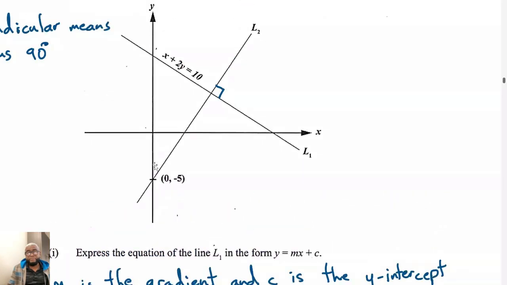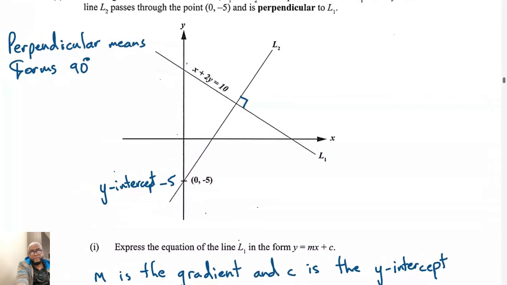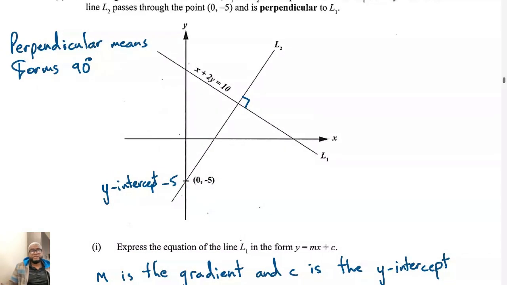Your y-intercept is simply where your line is cutting through the y-axis. So for line 1, your y-intercept is actually going to be -5 because it cuts through this point at -5, right? The coordinate is 0, -5. The point where the line is coming through is going to be -5 on the y-axis, right? So the y-intercept would be -5.